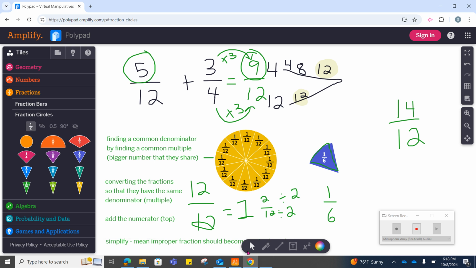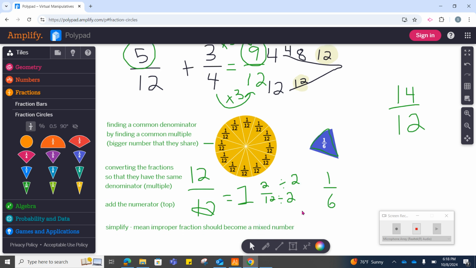So hopefully these modelings help you. You can play with these. You can stop the video if you wanted to, but if you wanted to see these 12ths, 12/12s, it would be the same as 6/6s. See how that goes? You see how that works so nicely?